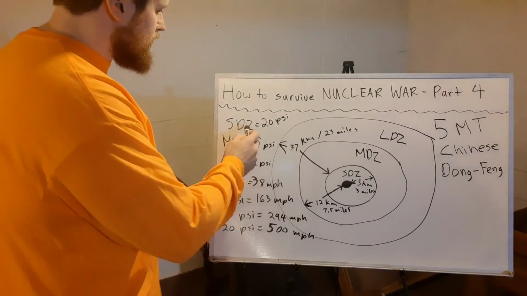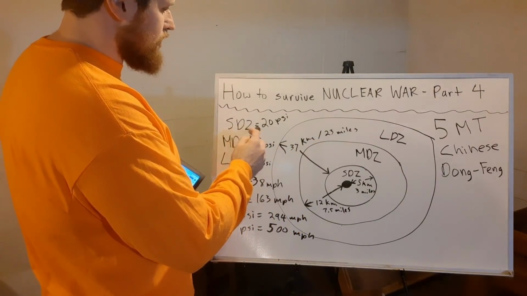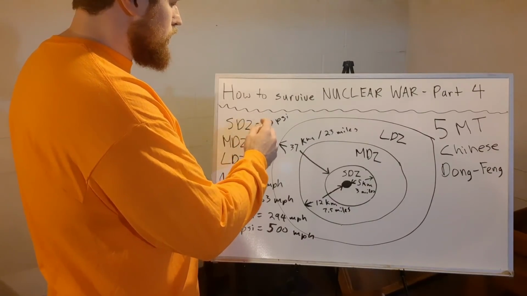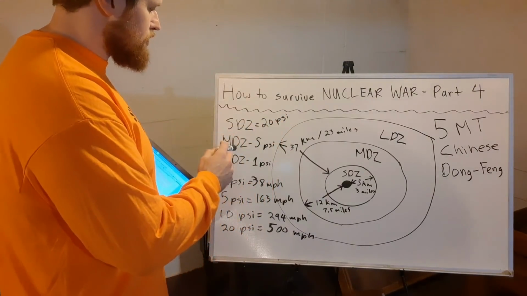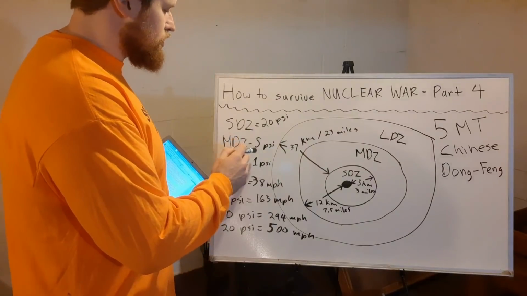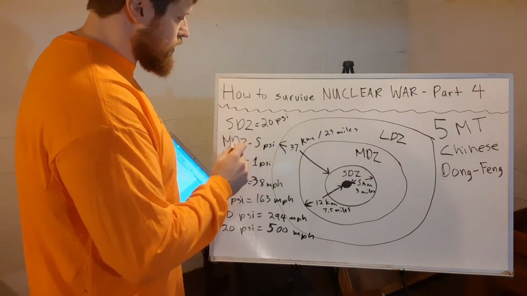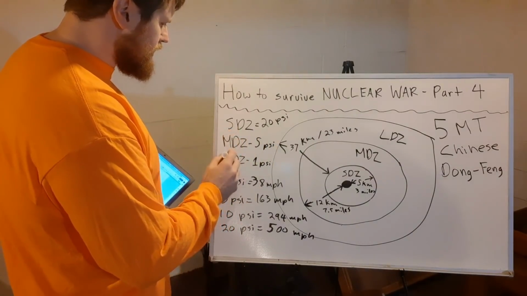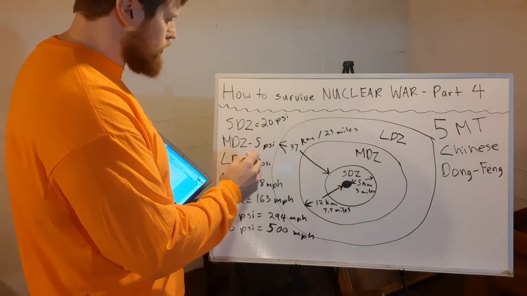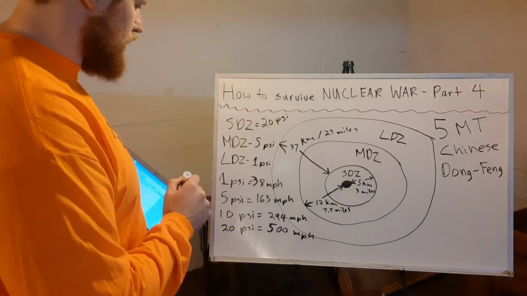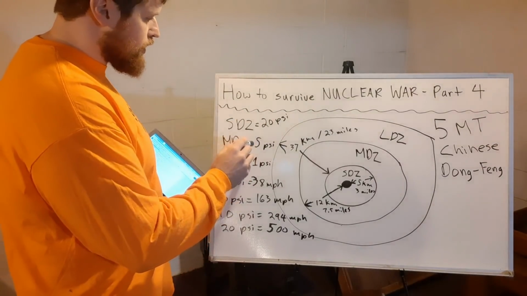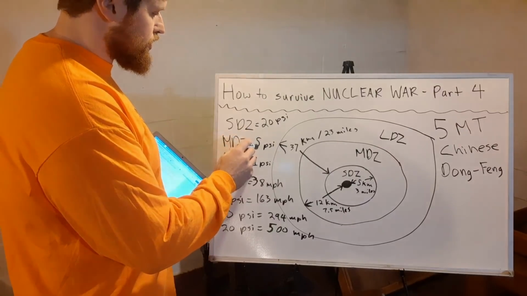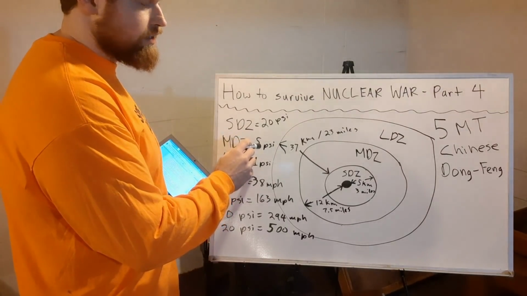The severe damage zone represents overpressures of 20 pounds per square inch. The moderate damage zone represents overpressure of 5 pounds per square inch, and the light damage zone represents 1 pound per square inch. Now that doesn't sound like a lot, but the human eardrum can rupture at just 5 psi.